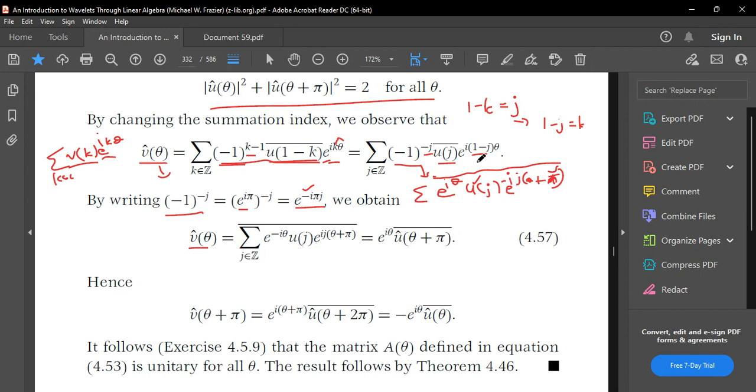This I into 1 minus j you have written, sorry, minus i j theta, sorry, plus i j theta will be here.